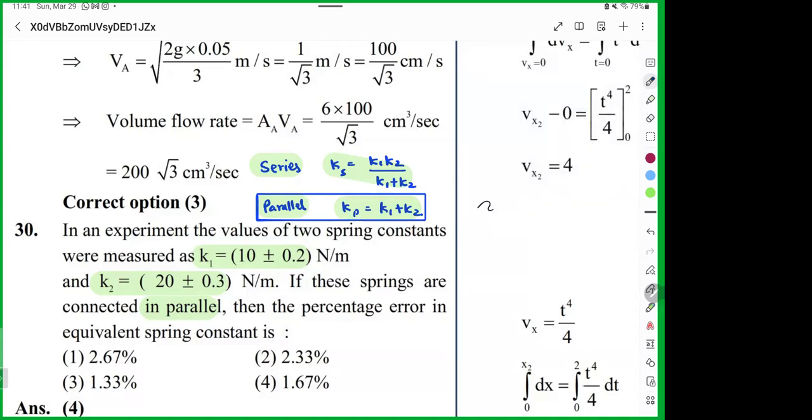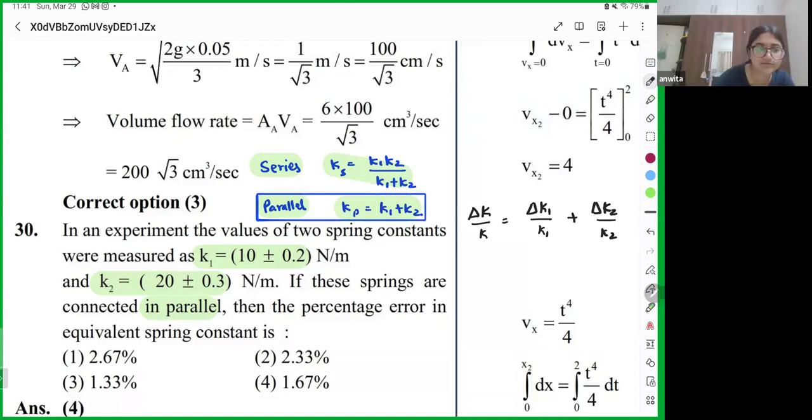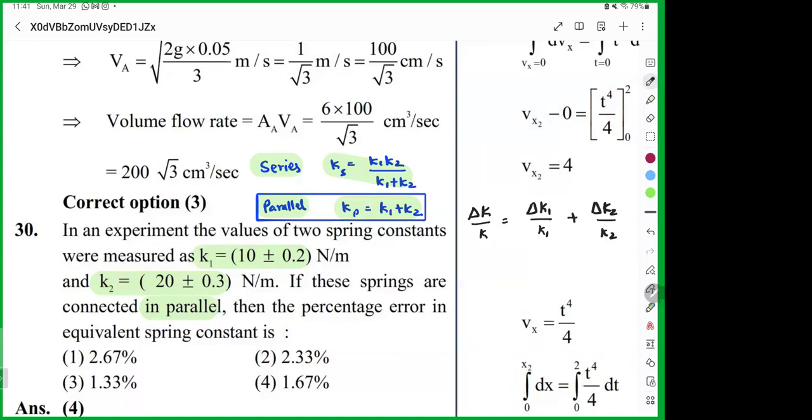Example, final value K. Change in K with respect to the initial value will be equal to change in K1 divided by K1 and change in K2 divided by K. Remember, the difference is divided by the original value, relative. So we multiply by 100 also, because every time we are multiplying with 100.